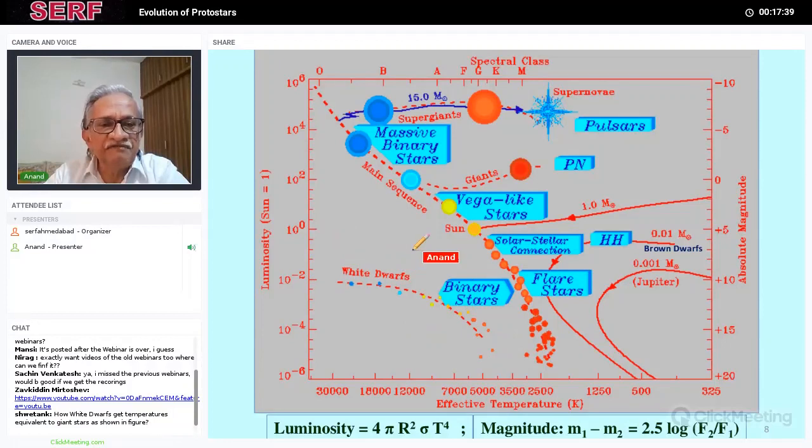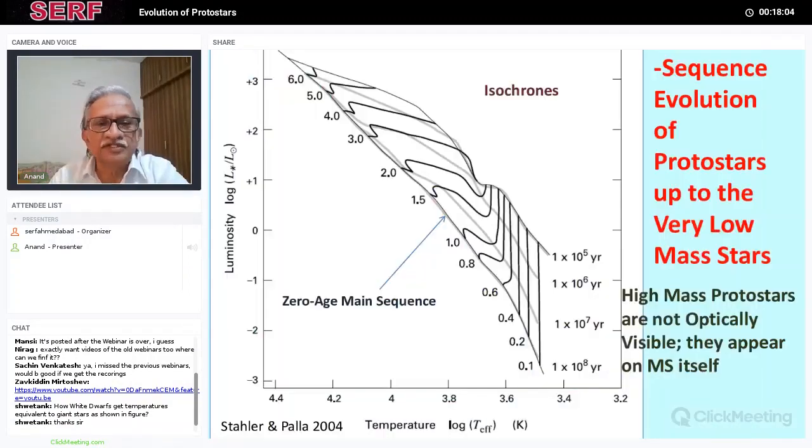It is very difficult to find them because of low luminosity, as you can see, 10 to the minus 2 times the sun, and even below. So these are the evolved stars, the course of which goes into these white dwarfs. Evolution of low mass or intermediate mass stars below 9 solar masses will give you the white dwarfs. So that is stellar evolution.